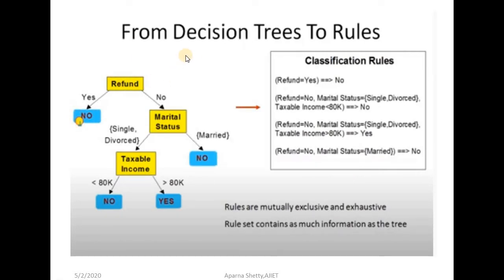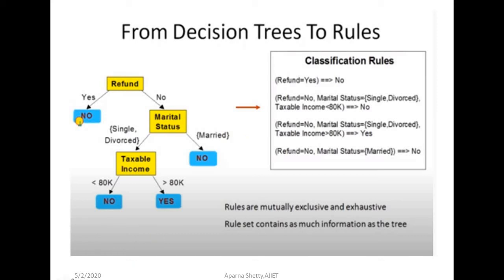Next, from decision trees to rules. How do you obtain the rule set for a given decision tree? For each of the class labels in the decision tree, you need to generate the rules.